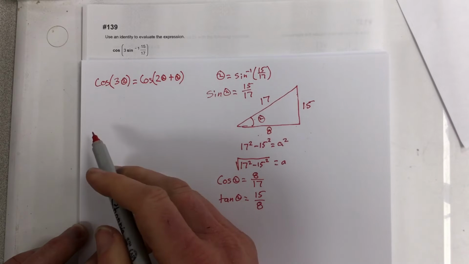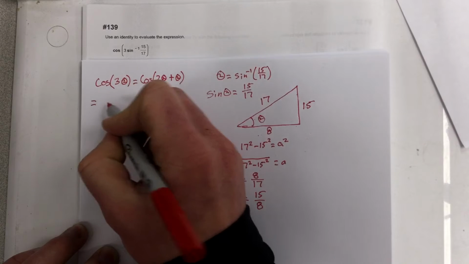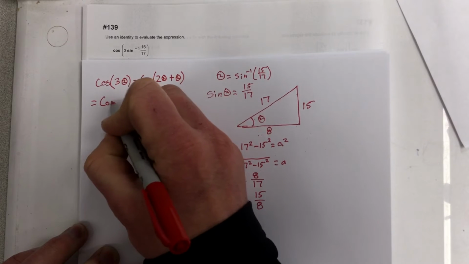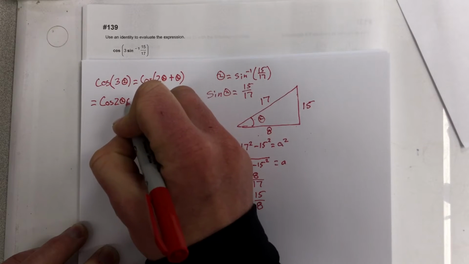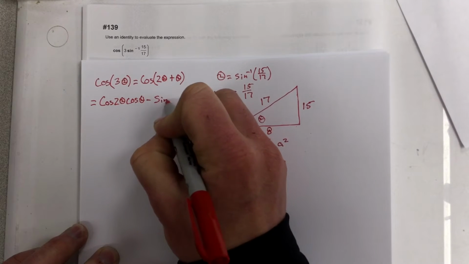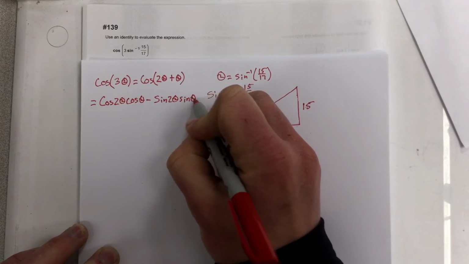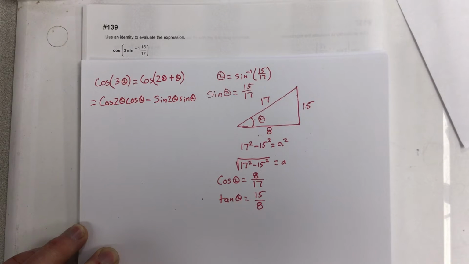I'm going to go ahead and use the cosine addition formula, which would mean that this is equal to cosine 2 theta cosine theta minus sine of 2 theta sine theta when I plug in those angles into the formula.